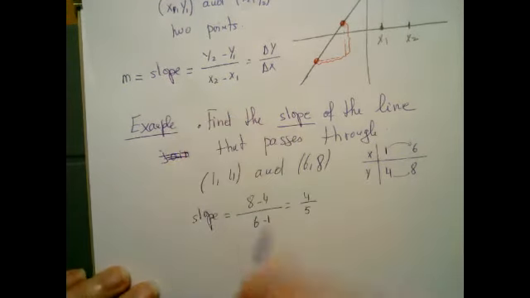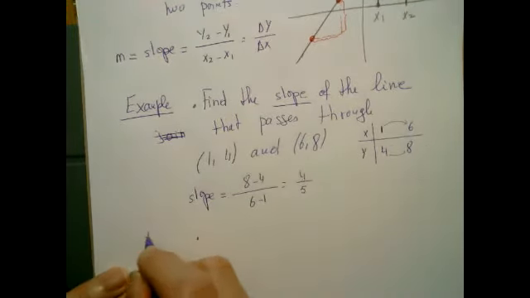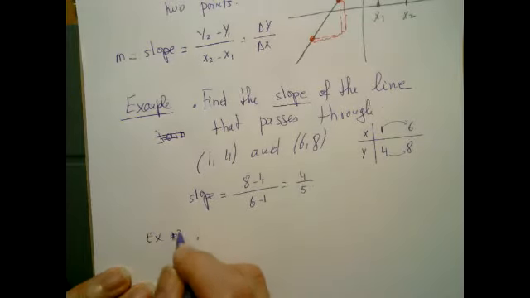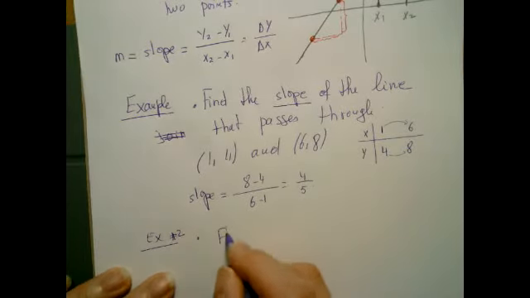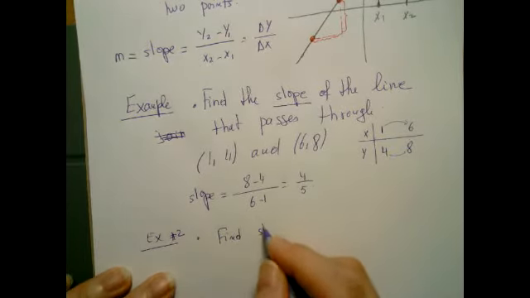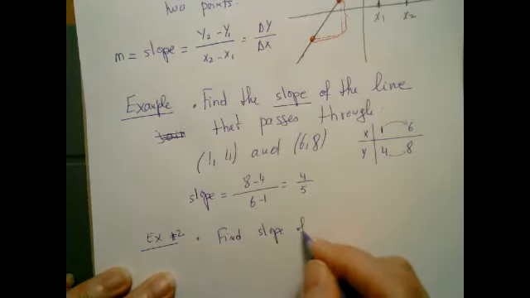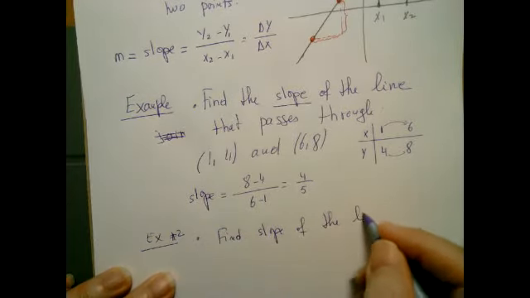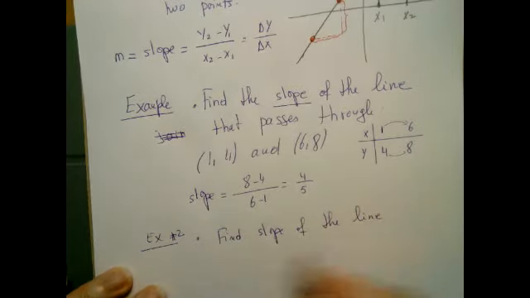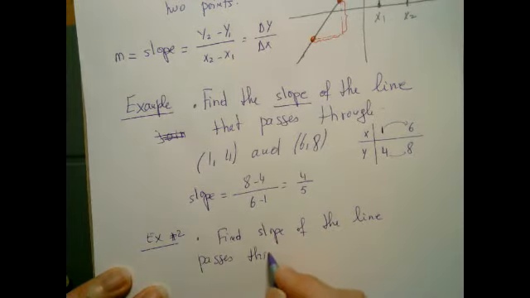Now, suppose I give you the following. Example 2: find the slope of the line that passes through the following points.